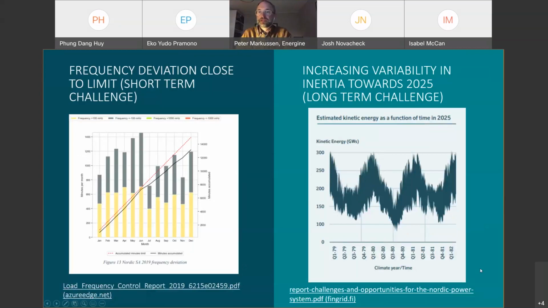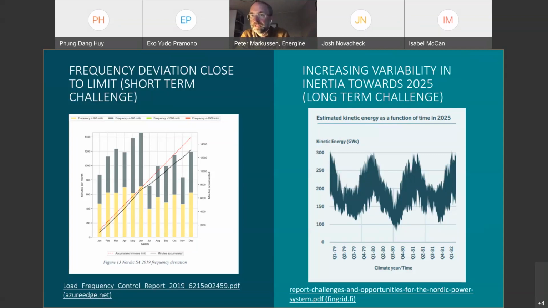So what we did is that we do have a challenge with the frequency deviations in the Nordics. Now maybe this figure to the left is a bit difficult to see, but I think the important thing here is the red dotted line, because that's the limit for frequency deviations allowed by the EU regulation, and we are quite close to this limit when we look at the frequency deviations in the Nordic system.